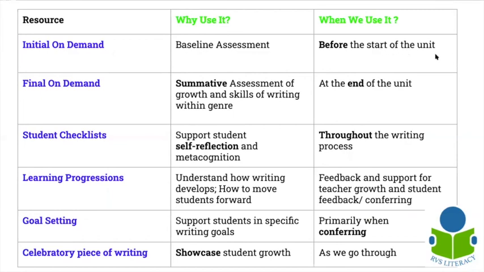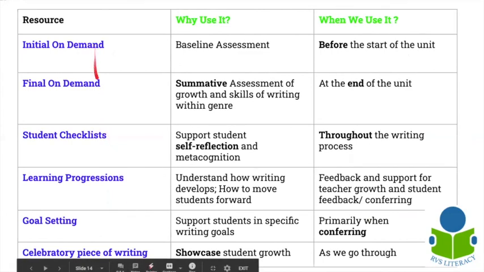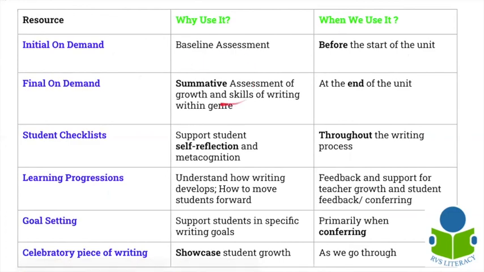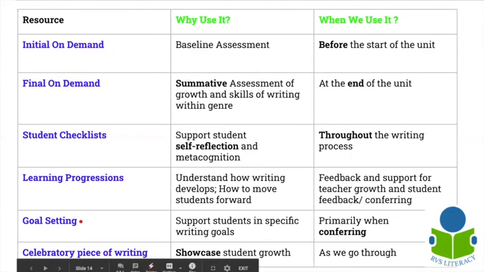Okay, so finally, we talked about a ton of things today. We understand that we have such a short amount of time with you, so we summarized a little bit. Today, we talked about the on-demand at the beginning of the unit and at the end of the unit: why would you use it, and when would you use it. We talked about student checklists and learning progressions. Within conferring, we talked about goal setting and when we would do that.